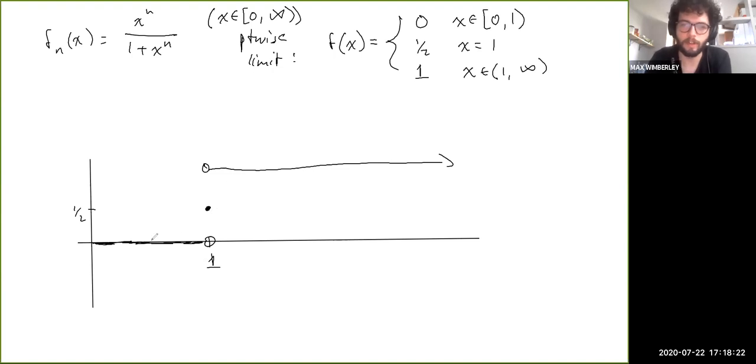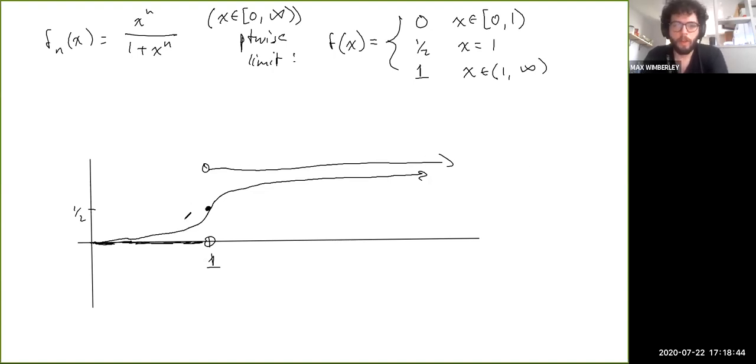That's the limiting function. And the way the fn's look is something like that. And this asymptotically approaches 1, of course.